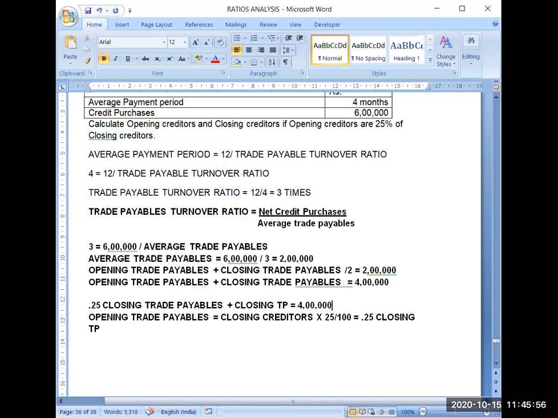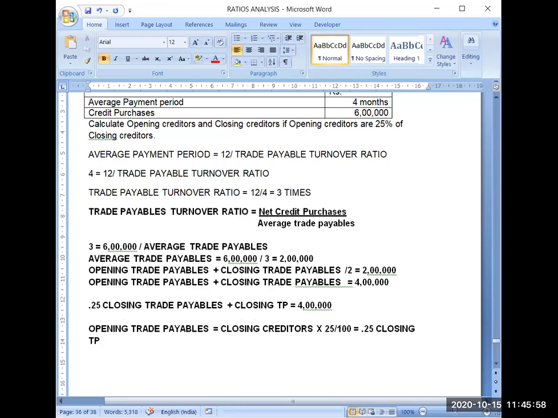So now I have converted this equation into a single variable. It will become closing trade payables is equal to 4 lakh divided by 1.25.